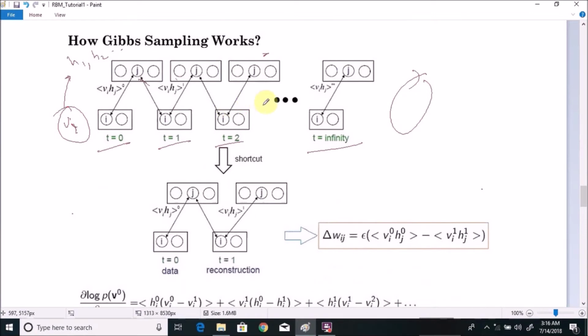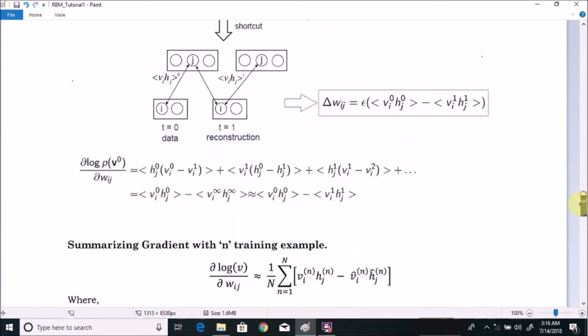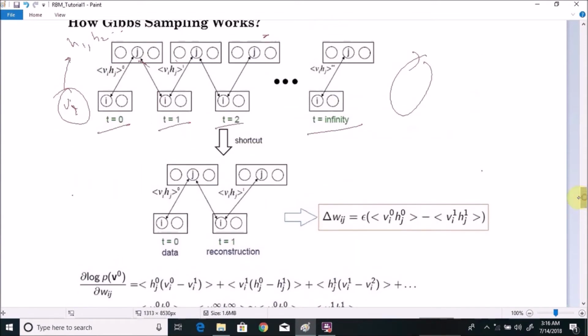It is believed that after a few samples we can get a certain accuracy. So this is the first iteration using data, and then we can get the reconstructions at time t equal to 1.